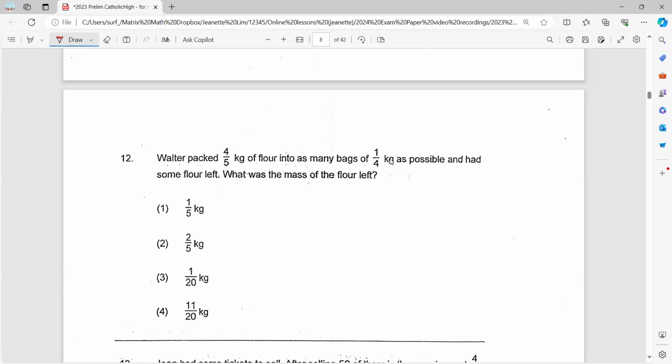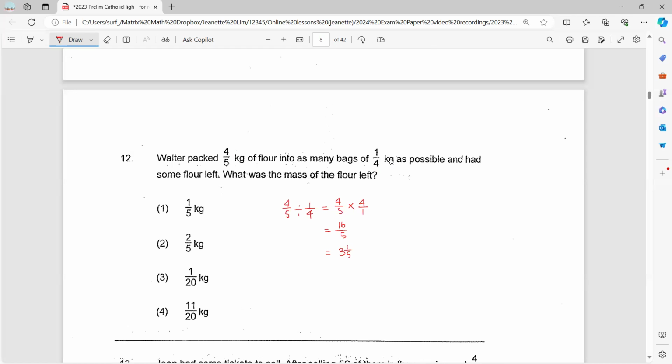Okay, let's do that. 4/5 divided by 1/4. Keep the first fraction, change the sign to times, flip. So 4 over 1, 16 over 5, which is 3 wholes and 1/5.